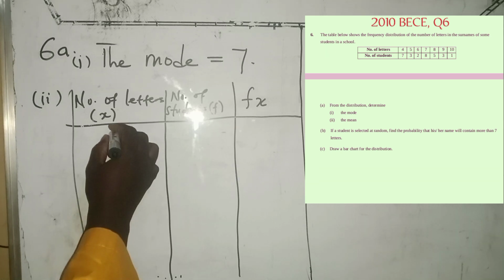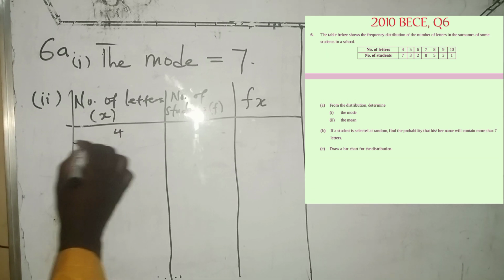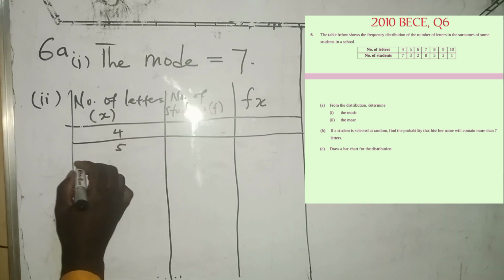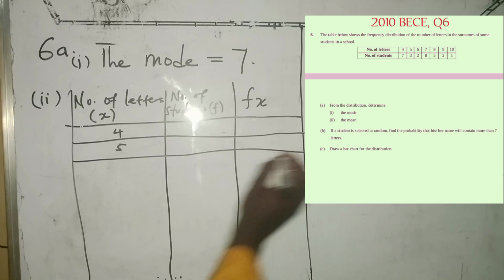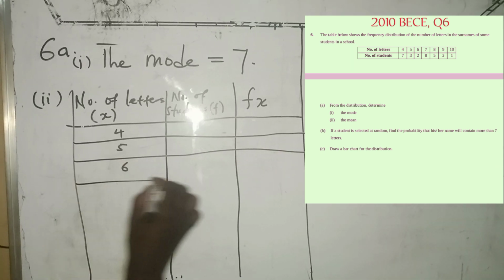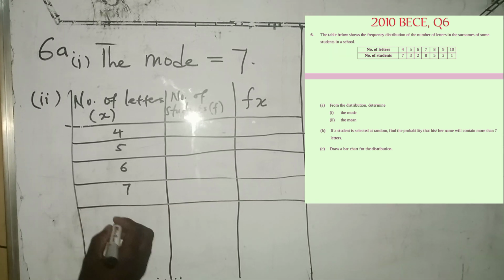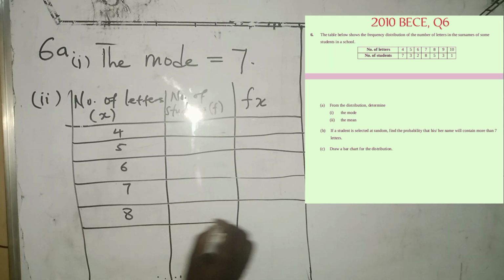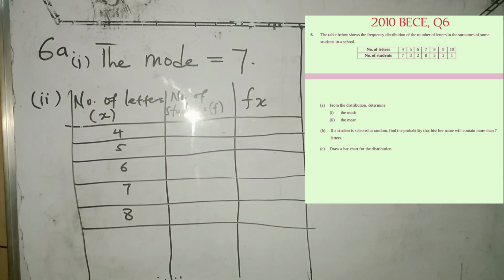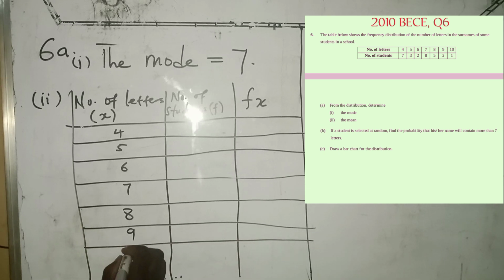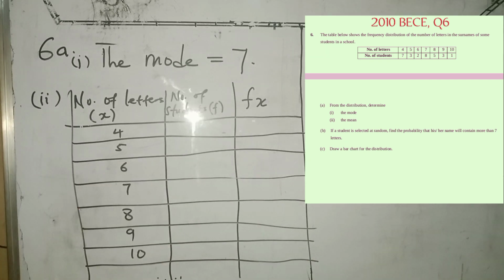The number of letters we have 4, 5, we have 6, we have 7, we have 8, we have 9, and finally 10. So this is 10. Alright.